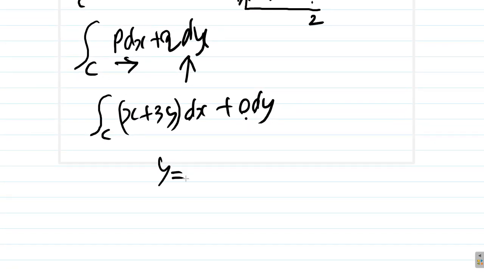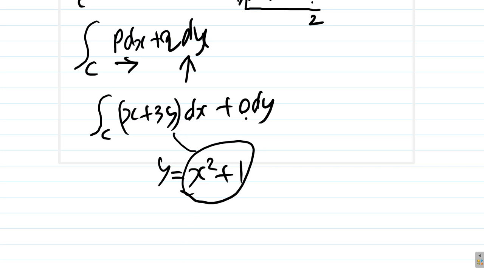So what do you do? This y is the same as this, so you could substitute x squared plus 1 for y. All right? So you see that.